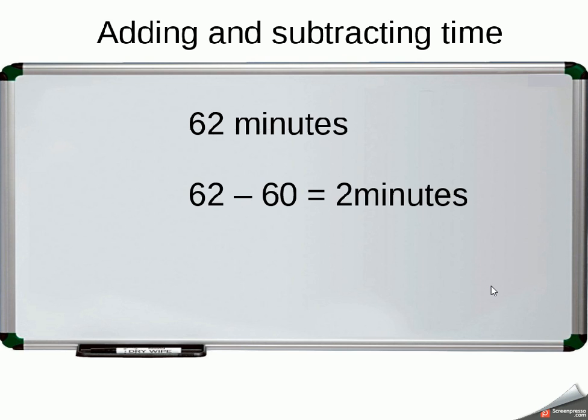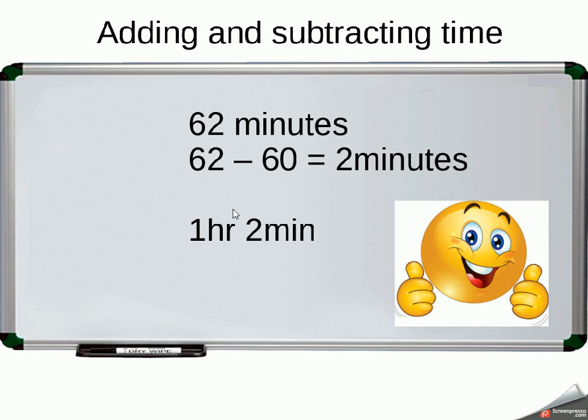Well, the first thing is take away 60 from the number of minutes. And you take away 60 as many times as you can, noting how many times you do it. In this case, we can only take away 60 once. So 62 take away 60 leaves us with 2 minutes.